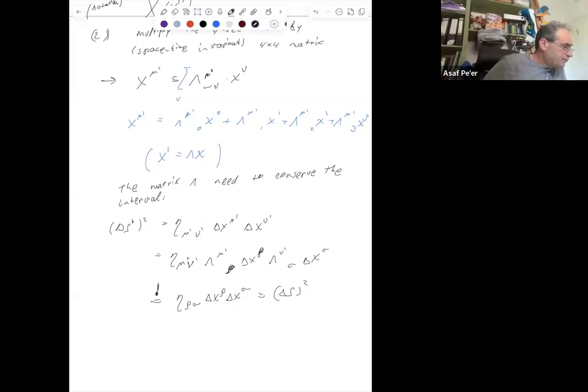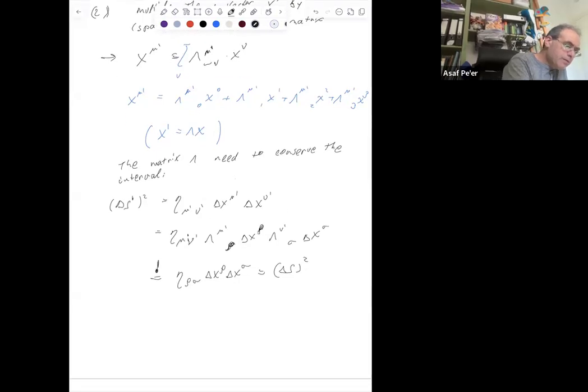Again, I'll just mark down that this rho and the sigmas are really dummy indices. These are indices that we are summing over.